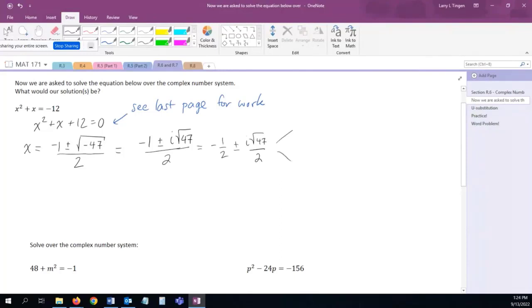And what's this going to do? This is going to split into two because I still have the plus minus going. So I've got negative 1 half plus i times the square root of 47 over 2, and I have negative 1 half minus i times the square root of 47 over 2.